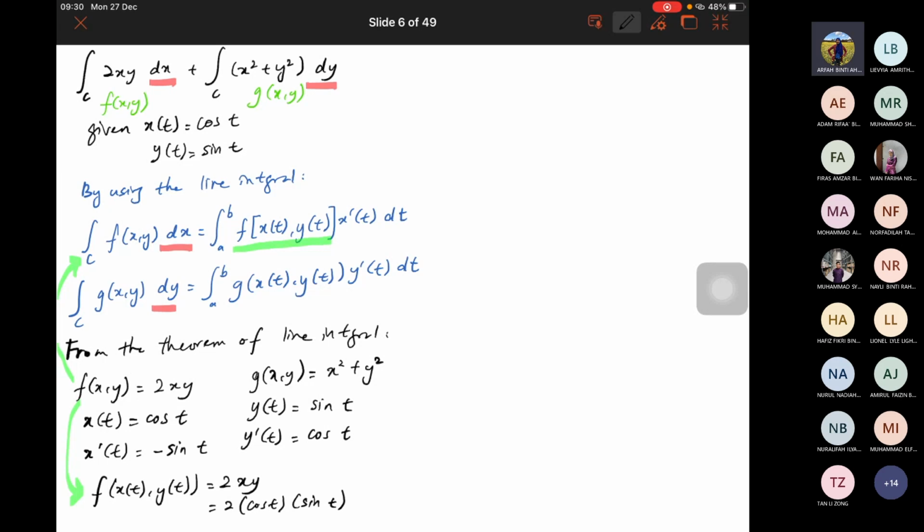Okay. So tu sahaja. The same goes for this one. X squared plus y squared nak jadikan dia sebagai function terhadap t. So boleh salin dulu dan kita tengok macam mana dia punya ni.